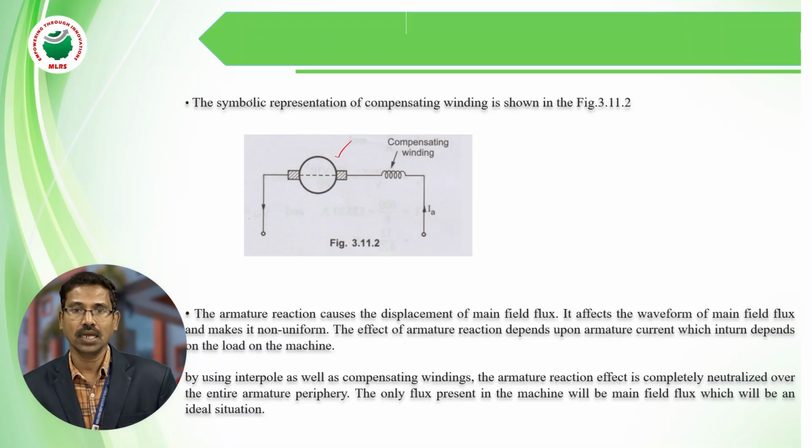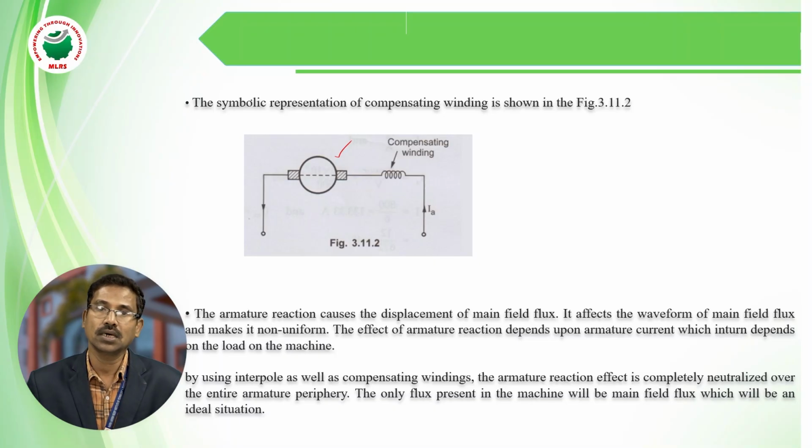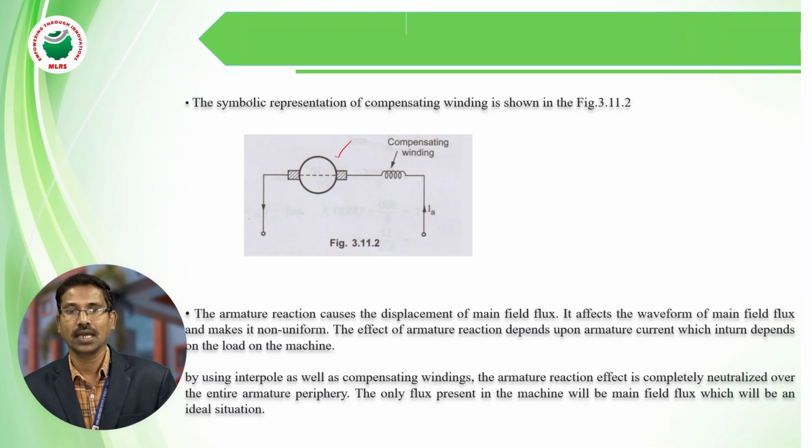It is connected in series with the armature winding such that the current flowing in it is opposite to the armature current. Due to that, the flux produced by the interpole winding acts in the opposite direction to the armature flux.